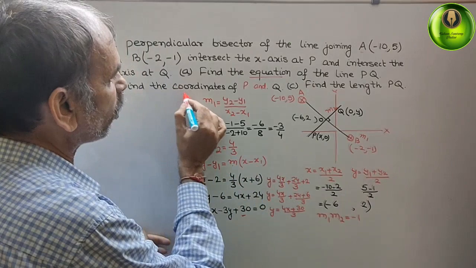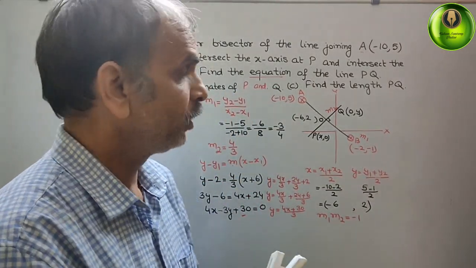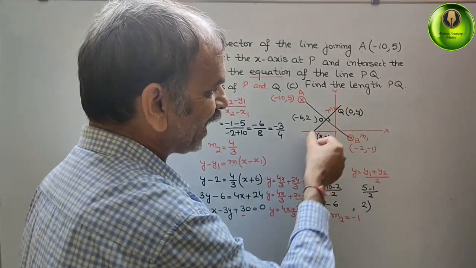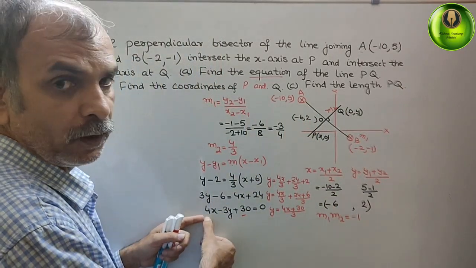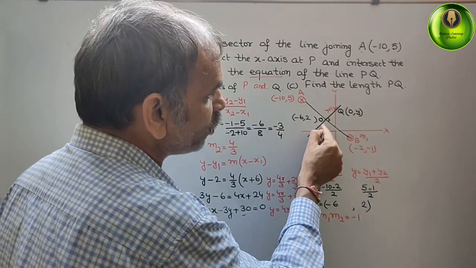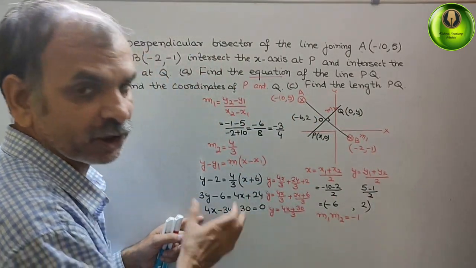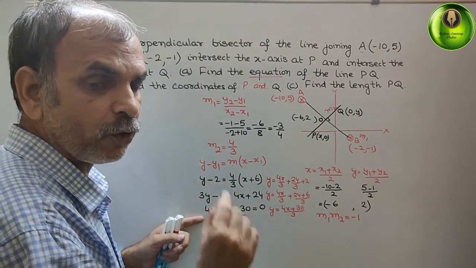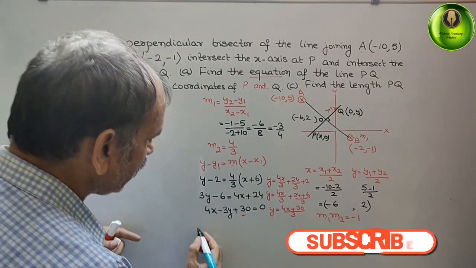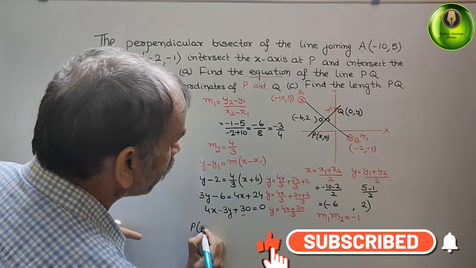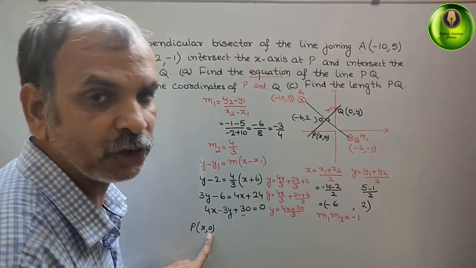Next is to find the coordinates of P and Q. We know that this is the equation of the line. If you substitute any point on this line, it will satisfy this equation. So we will take them one by one. First we will take point P. P is x comma 0, which means we have to substitute the y value as 0.